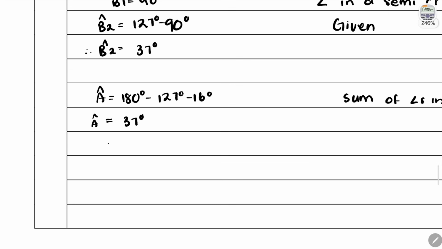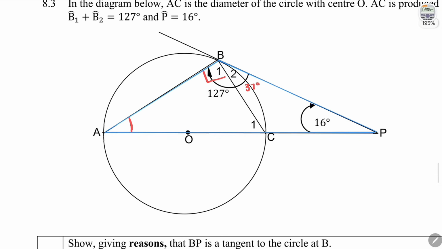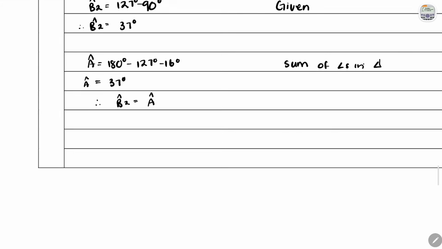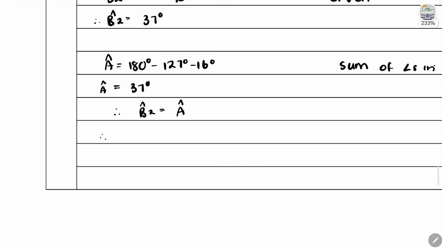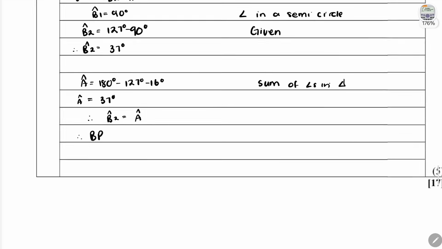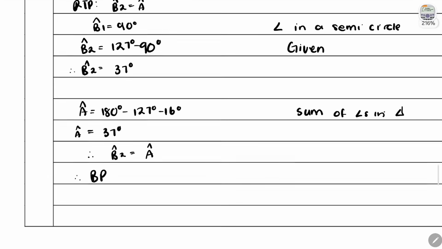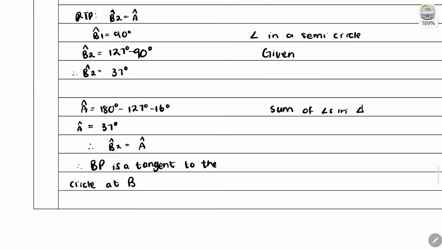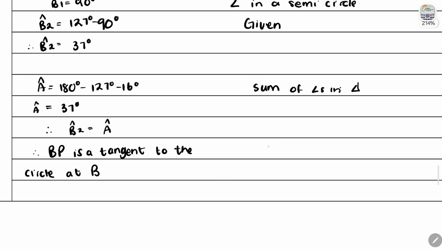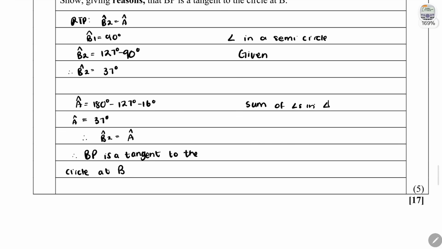So there we go. Because angle B2 is equal to angle A, then this means that the tan chord theorem is true here, making BP a tangent to the circle at B. So we can now finally conclude, because these two are equal, therefore BP is a tangent to the circle at B. Okay, and the reason for this would be not because of the tan chord theorem.